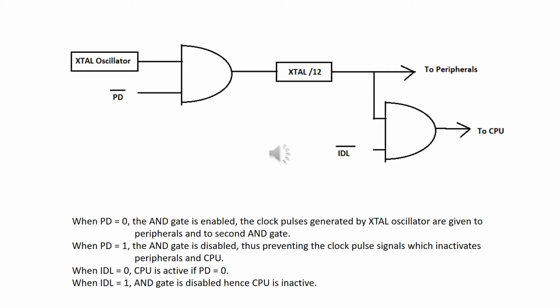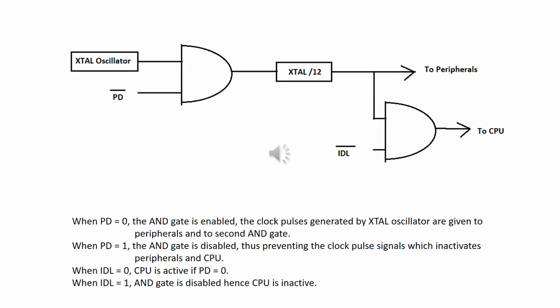This is the logical connectivity of the pins PD bar and IDL bar, which are connected to the peripherals and CPU. You can see that the XTAL oscillator is connected to one AND gate. The other end of the AND gate is connected to PD bar.